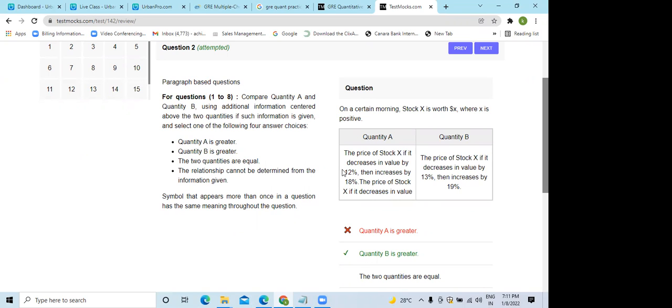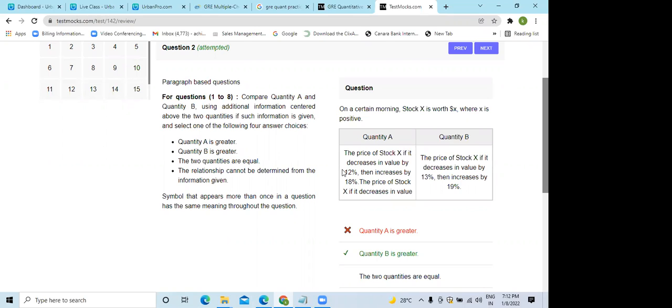So 88, 18% of 88. 20.45. Okay. Now, how much is the total of 88 plus 20.45? Because it's an increase, right? Yeah. We should add. So it's 108.45, right?